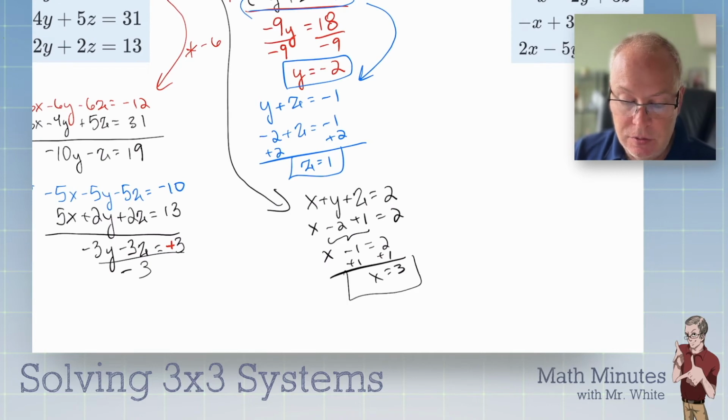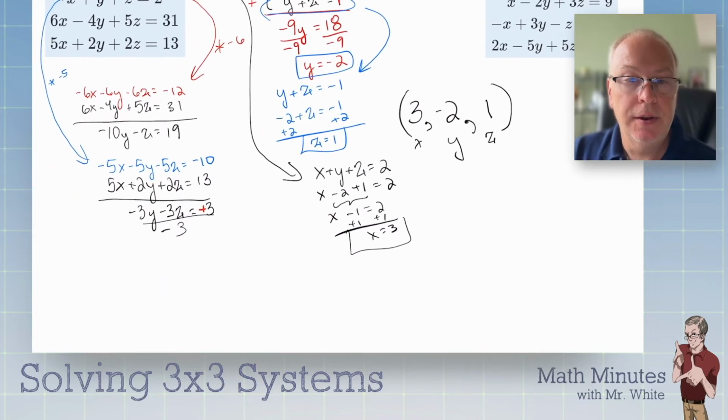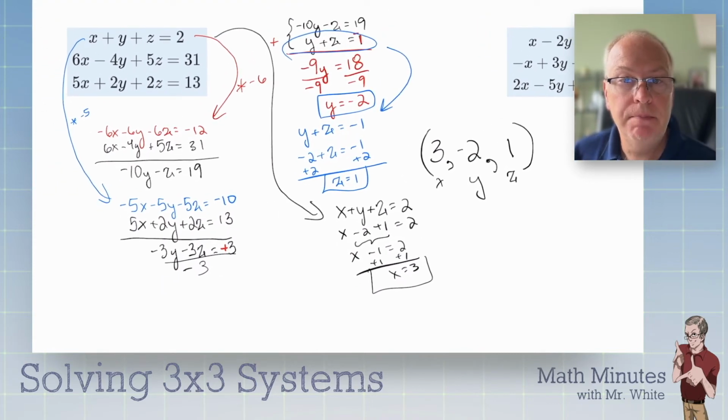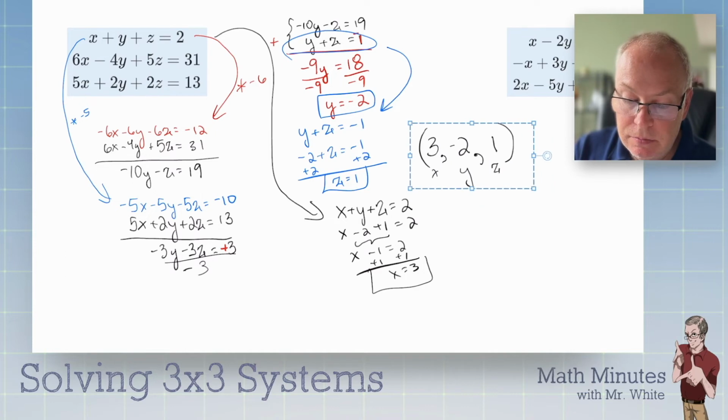So the answer to the riddle is 3, negative 2, 1. And if you want to write it like this, an ordered triplet, 3, comma, negative 2, comma, 1. X, Y, Z.